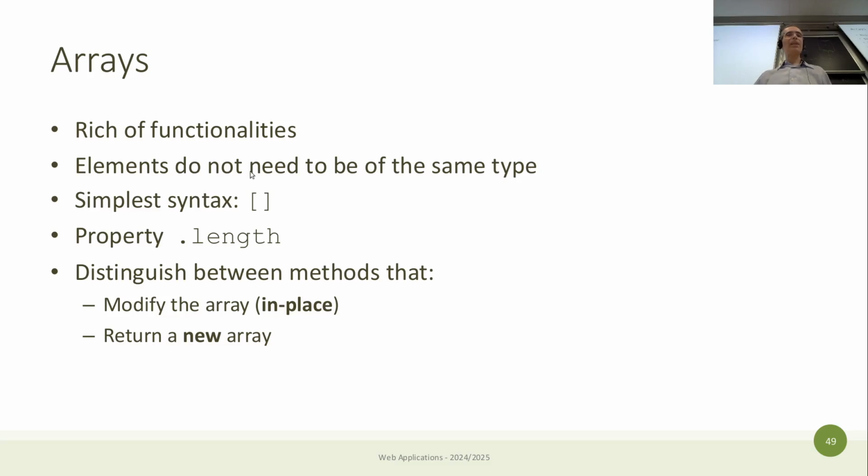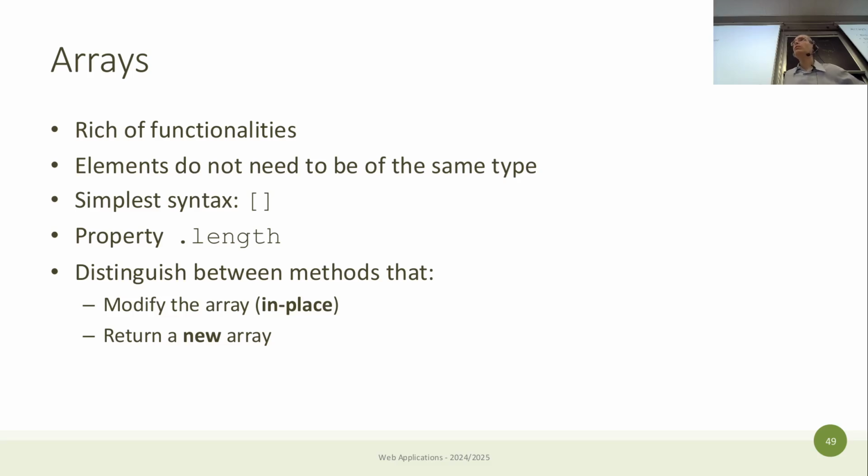Of course, the simplest syntax to write arrays, we already saw it, is squared brackets. There's a property .length, which is a property, not a function, so no brackets, that tells us how many elements are in the array.